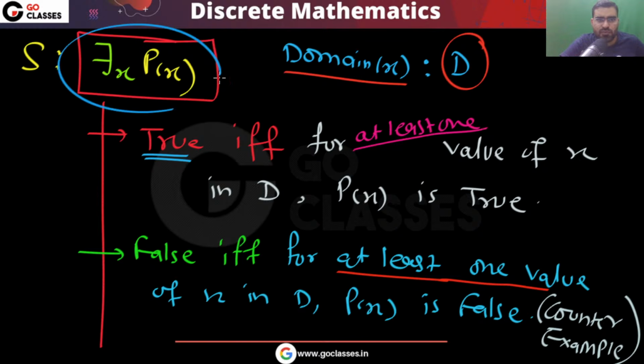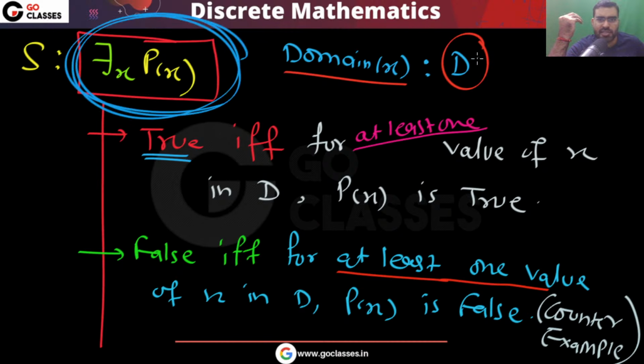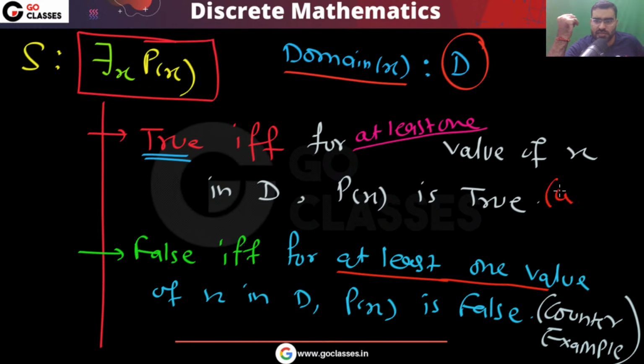So one person is enough to make it true. Do you agree that one element in this domain D is enough to make it true? That element we will call a witness, because one element is enough to make it true.